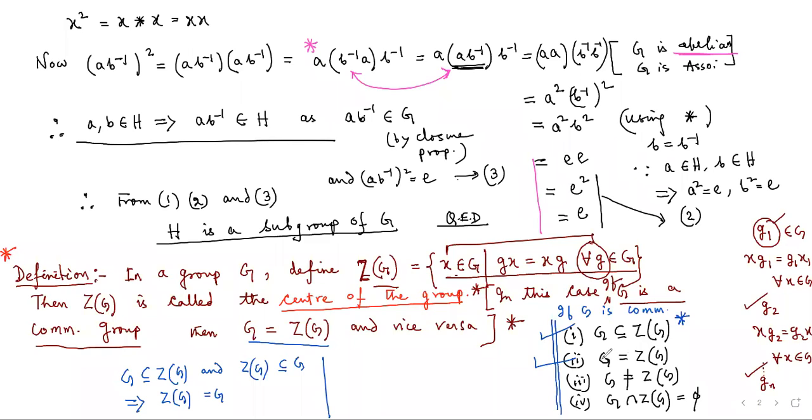And for a commutative group, this is holding for sure. Then what extra is holding?